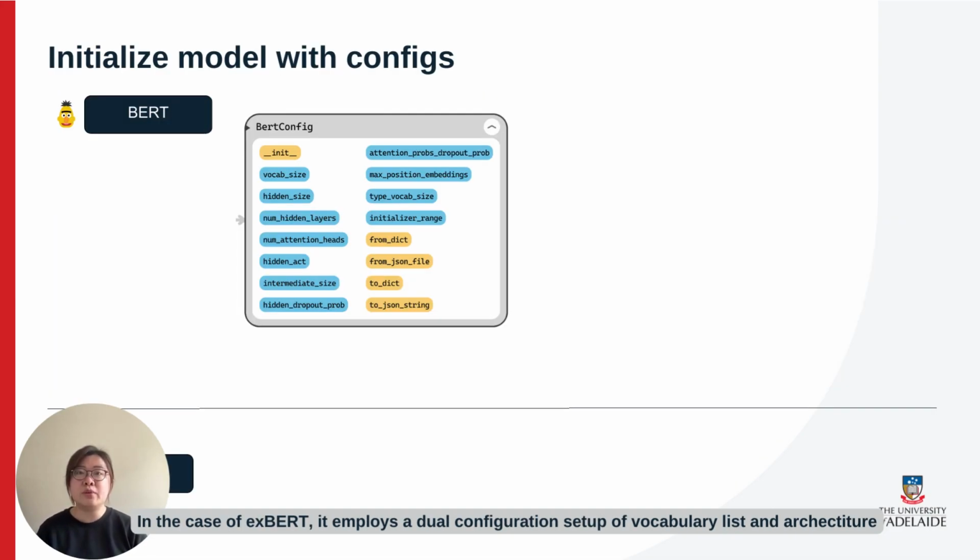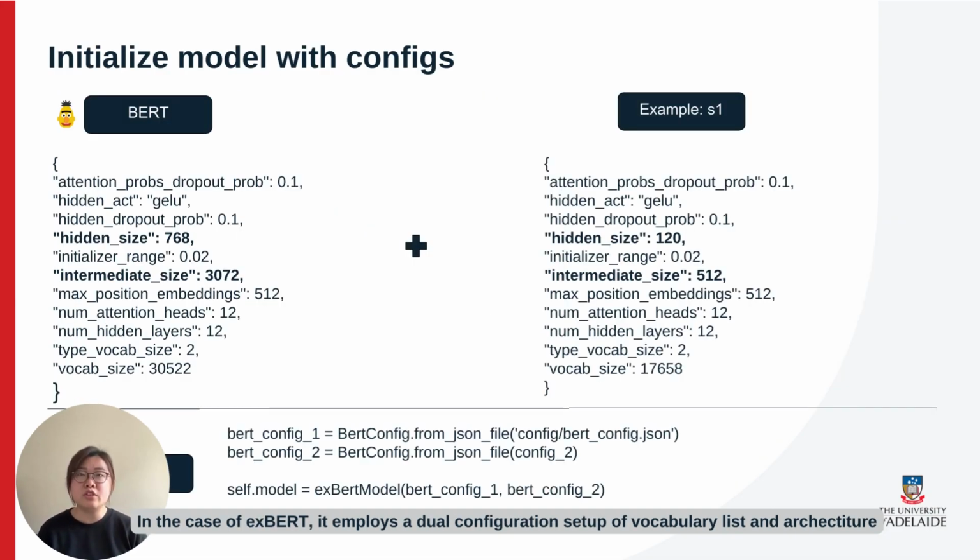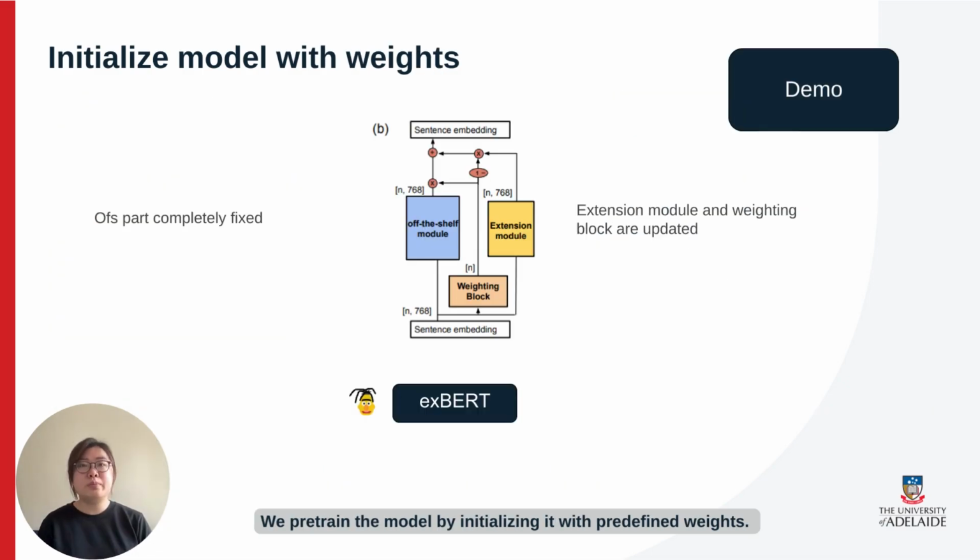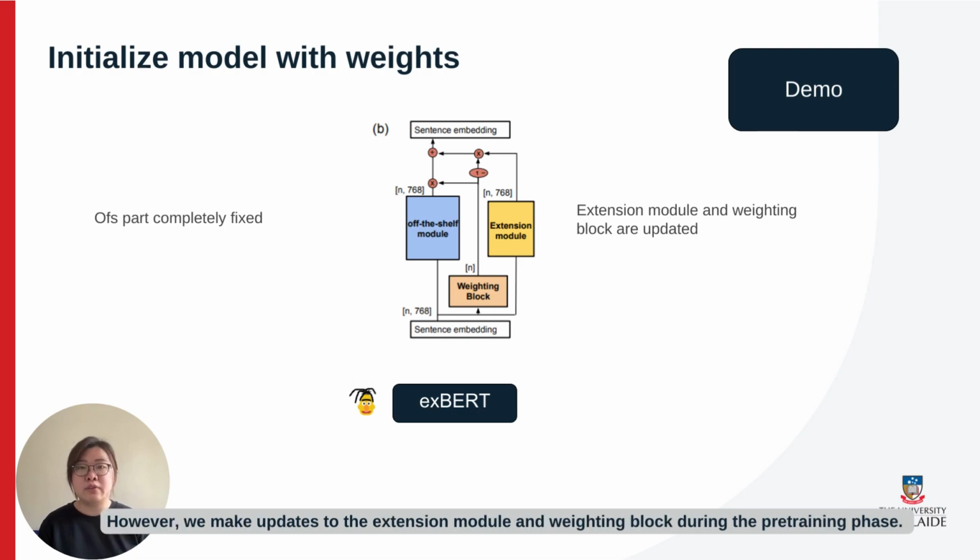In the case of XBERT, it employs a dual configuration setup of vocabulary list and architecture. We pre-train the model by initializing it with predefined weights. It is important to notice that the off-the-shelf part remains completely fixed throughout the process. However, we make updates to the extension module and the weighting block during the training phase.